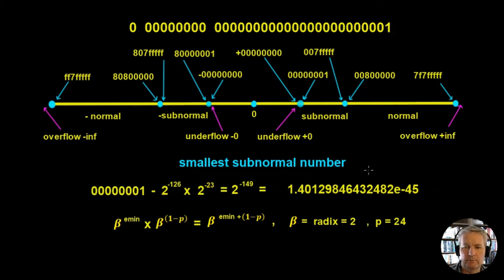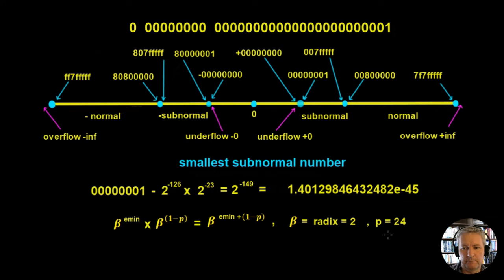So let's look at this number mathematically. If we say that the radix is a value of 2 and we call the radix beta, then for the exponent we're going to have beta to the minimum exponent, which is minus 126, and we're going to multiply it by 2 to the minus 23. So again we're multiplying it by beta, raised to the power 1 minus p, where p is the length of the mantissa including the hidden bit.